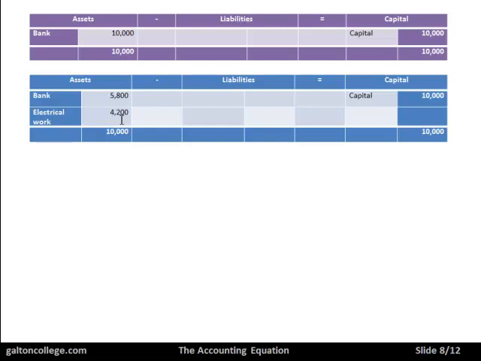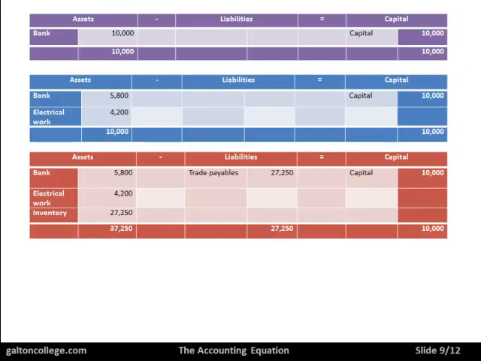So he still has £10,000 worth of assets. They're in different formats. One's in cash, or can be turned into cash easily. It's relatively liquid. This one here is by means of work done on his premises.